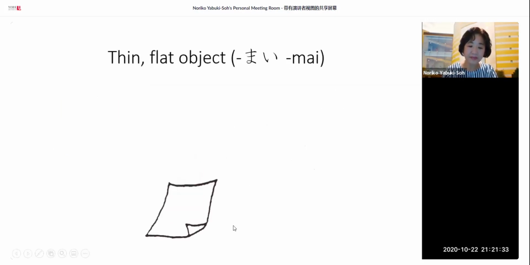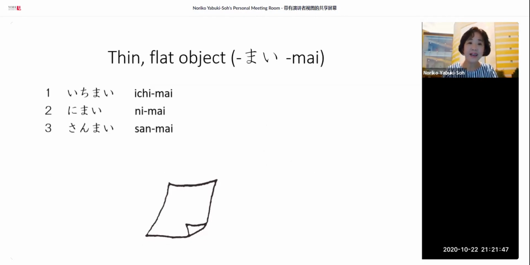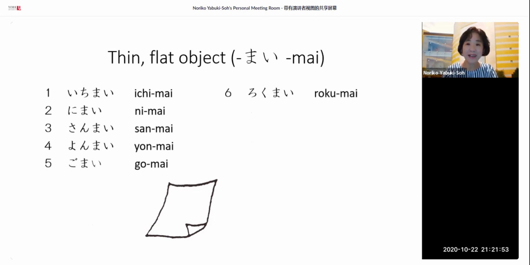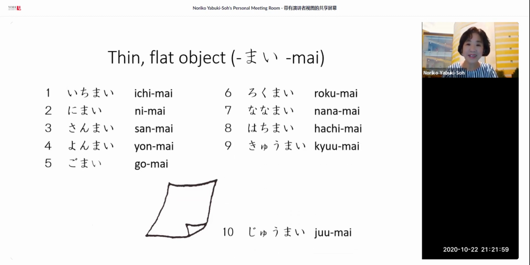If you're counting flat objects such as sheets of paper, plates, stamps, both big and small, you use 枚. Okay, 1枚, 2枚, 3枚, 4枚, 5枚, 6枚, 7枚, 8枚, 9枚, and 10枚.